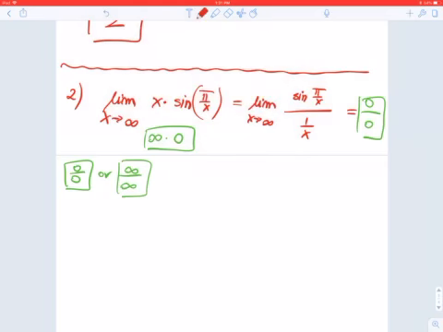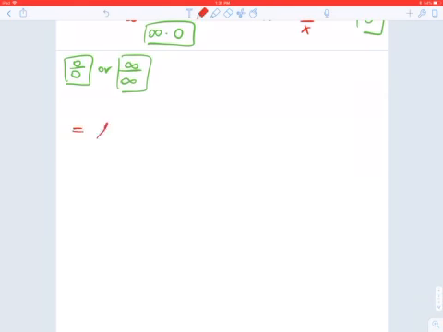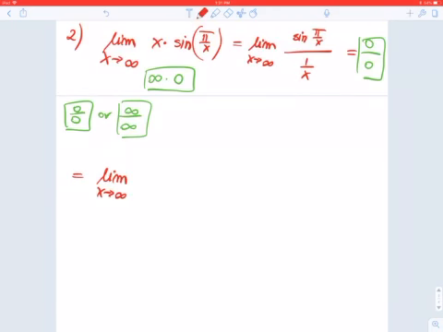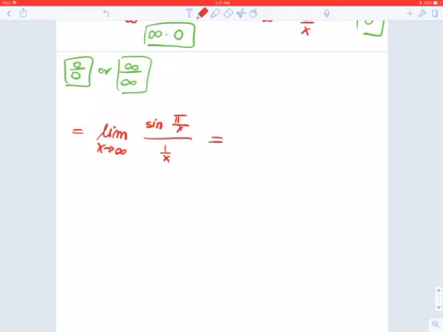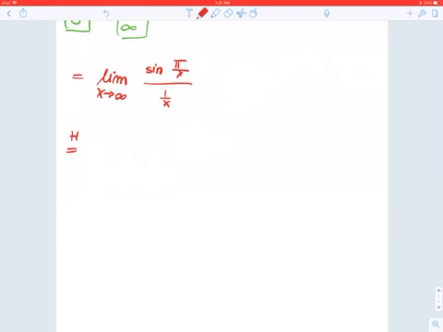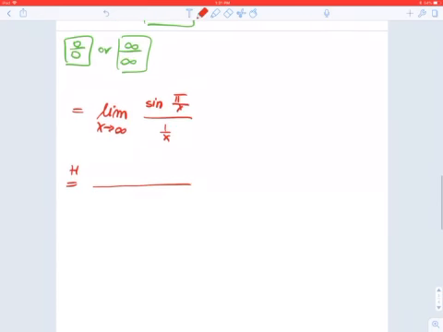Okay, I do have my form. Limit as x goes to infinity of sine of pi over x over 1 over x. I can apply the L'Hospital rule because this is definitely 0 over 0.